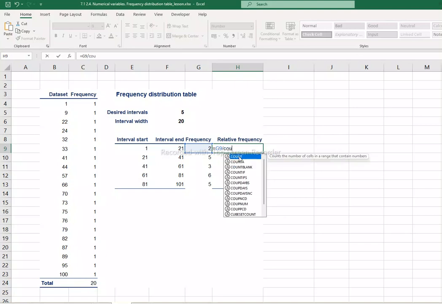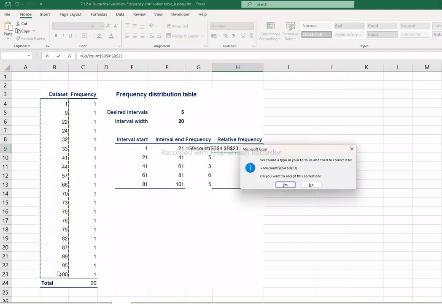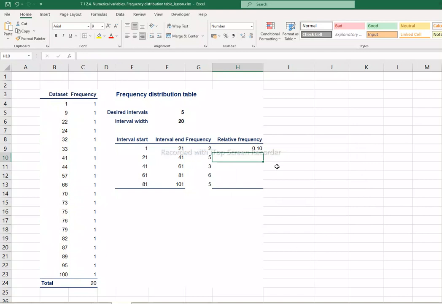So we would use COUNT, which counts all these frequencies. So count from this to this and make it absolute. Press enter. So it has given the relative frequency from this formula. So these are the relative frequencies.